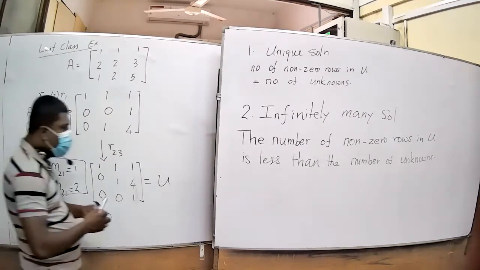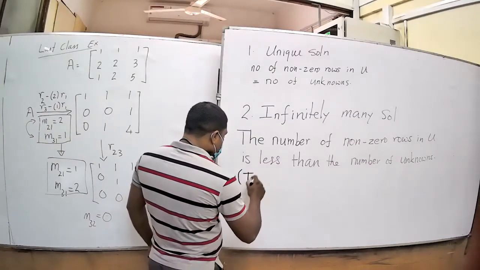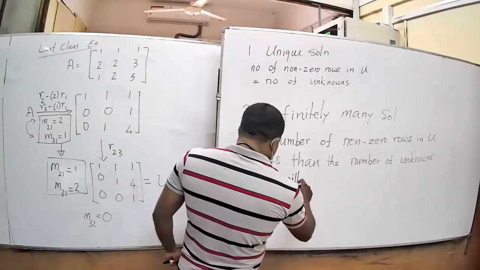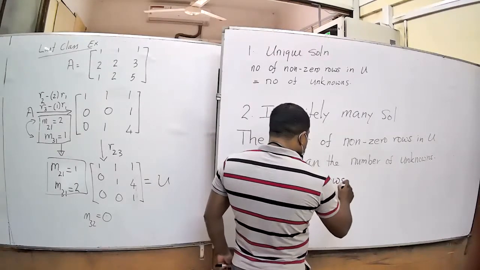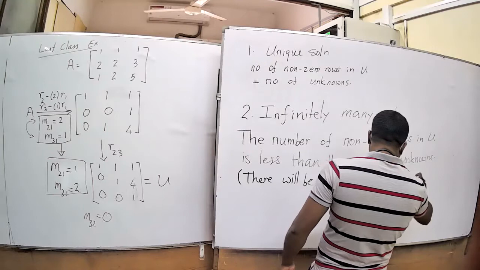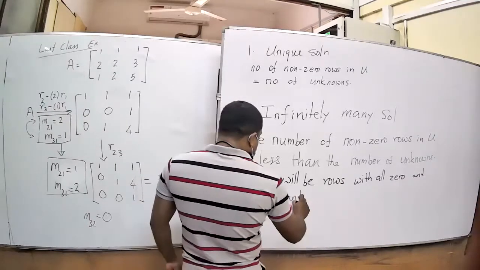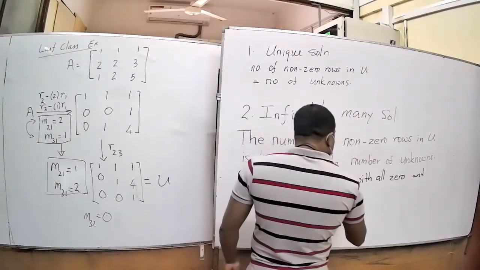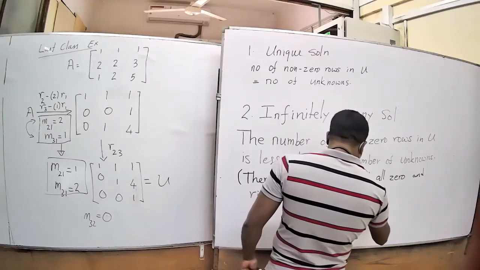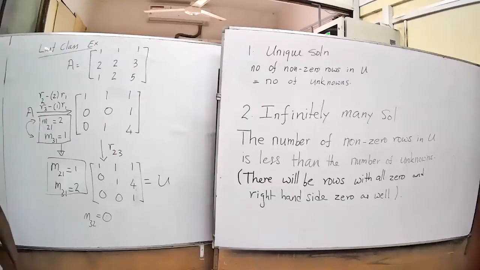Right? So that means roughly you can think of as, right, there will be a row of all zeros in the matrix in U, but the right hand side will also be zero, right?